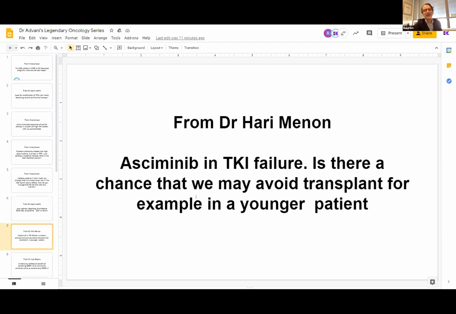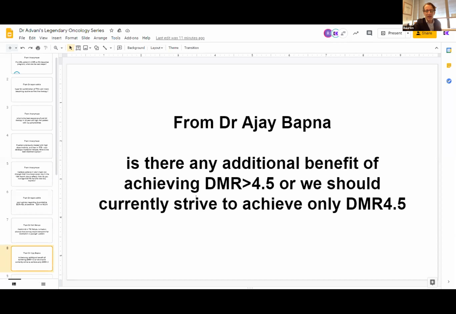Yes, I think CML is a remarkable disease where in the setting of salvage with what might look like very complicated and resistant disease, we've seen some patients revert to a very stable course and appear to be like patients with ease of remission the first time around. I can tell you from personal experience that there are patients on the asciminib trials in whom we really have been pressing our sponsor to say, can we think about treatment cessation?